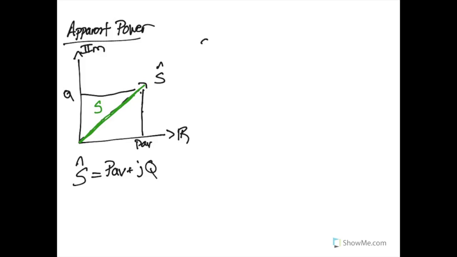And so S is going to be the magnitude of the complex power variable. And because this is a triangle right here, we can say that our apparent power is equal to the average power squared plus the reactive power squared, and the square root of that, due to the Pythagorean theorem.